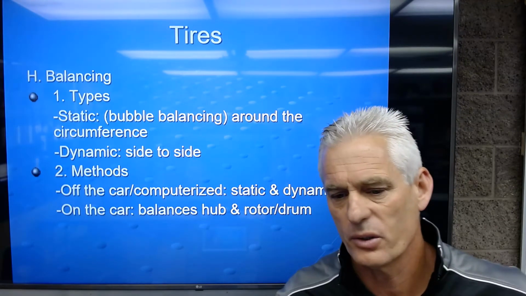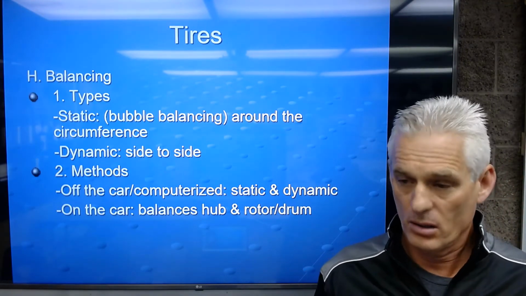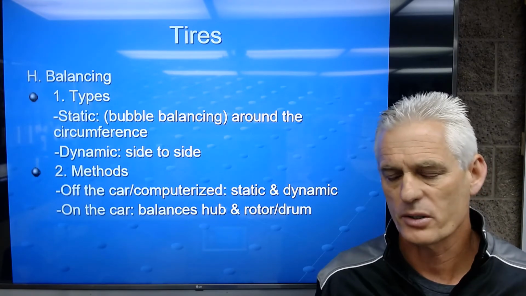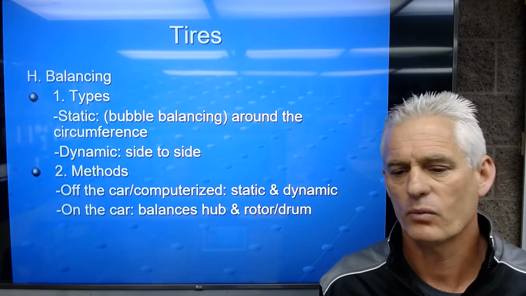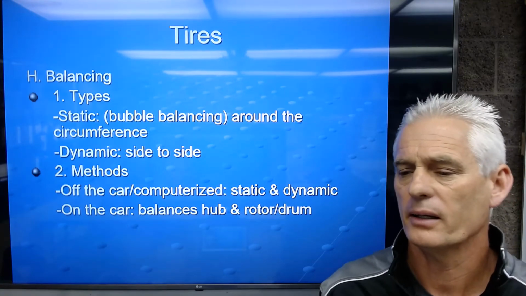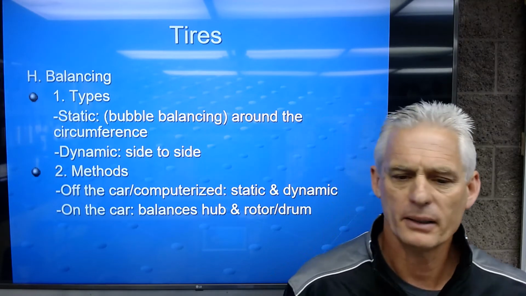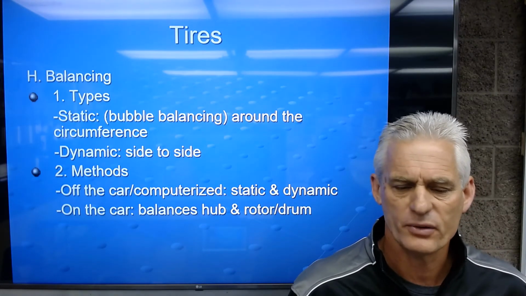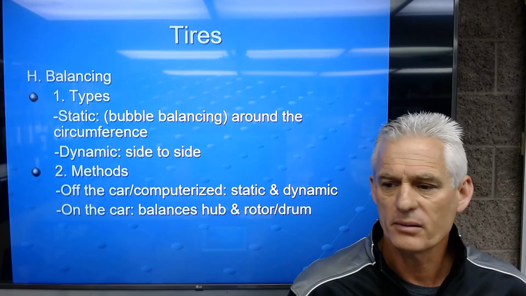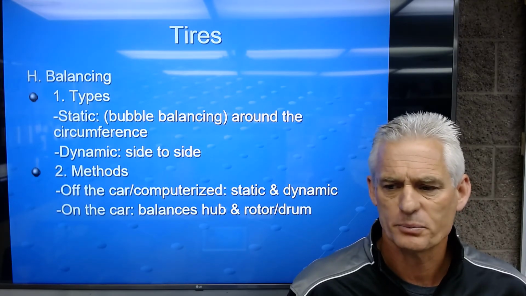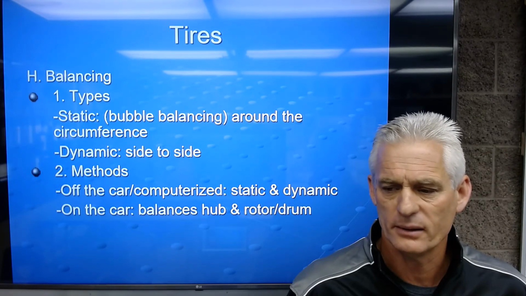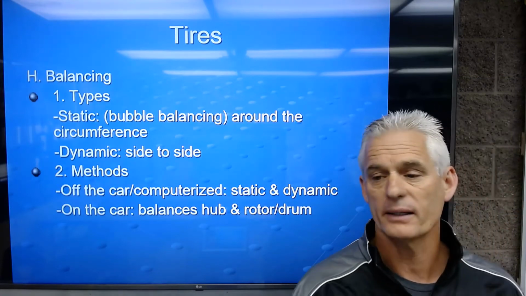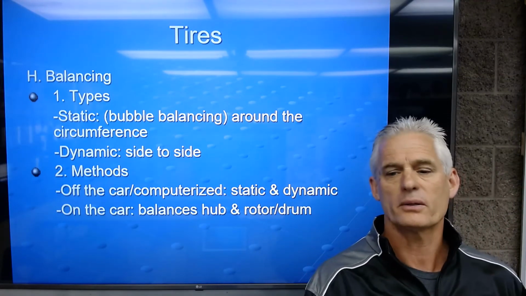What we like to do is balance the tire on the computerized machine, get the tire-wheel combination balanced, put it on the car, and spin it up, essentially balancing any hub, rotor or drum imbalance. This doesn't really need to be done on anything modern with disc brakes, but if you have an old school car like Anthony Millay's old Chrysler, that thing's probably bouncing like crazy and could really stand to have some on-the-car balancing after getting the tire-wheel combination balanced on the computerized machine.